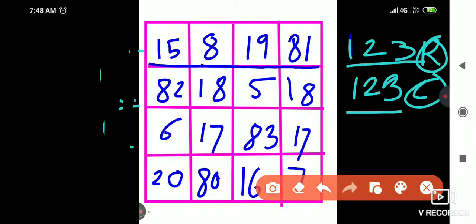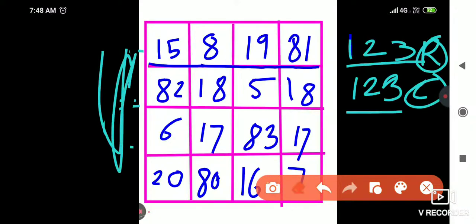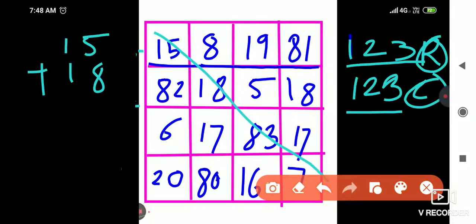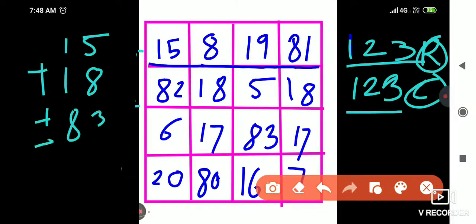Now I will do the addition of the diagonals. I am adding diagonally 15 plus 18 plus 83 plus 7.